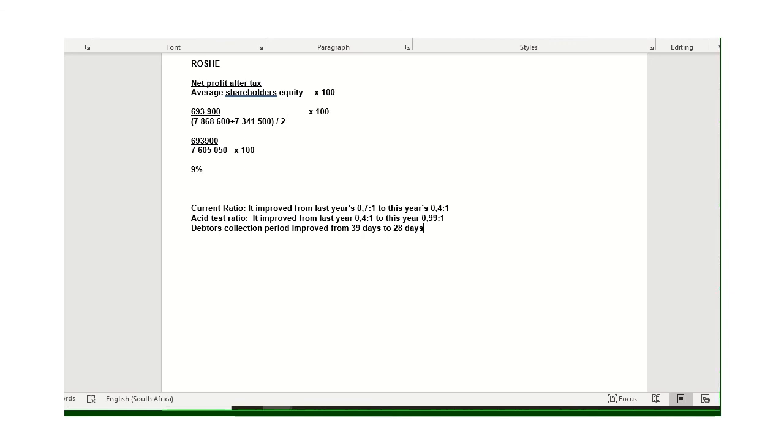So when you study this, make sure you know which ones are liquidity ratios, solvency ratios, etc. So that if they ask you, in terms of liquidity, why should they be satisfied? You can mention any of the liquidity ratios. It's the current, the asset test, the 2 stock ratios, debtors collection, and creditors payment.